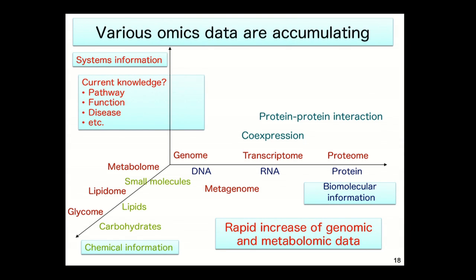To do that, we need some current knowledge of the biologist or biochemist or molecular biologist, which we call the systems information. And this information can be pathways or function or disease, something like that.